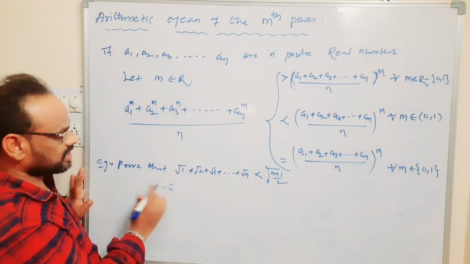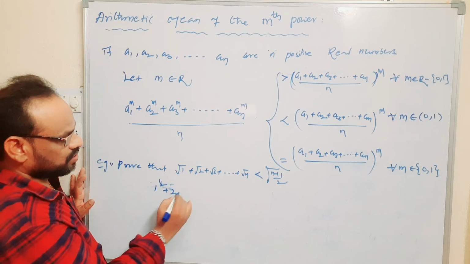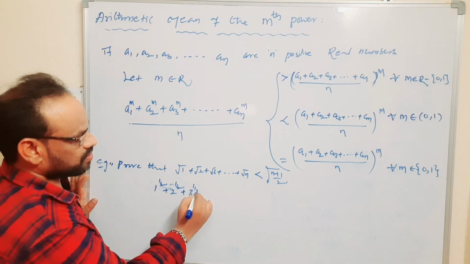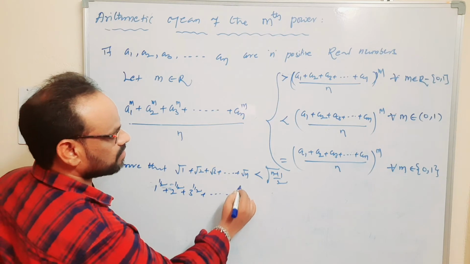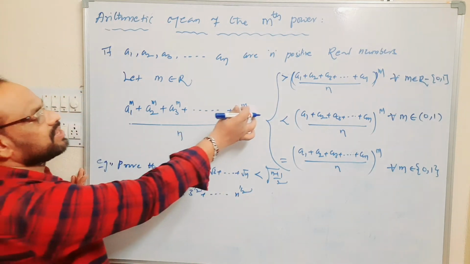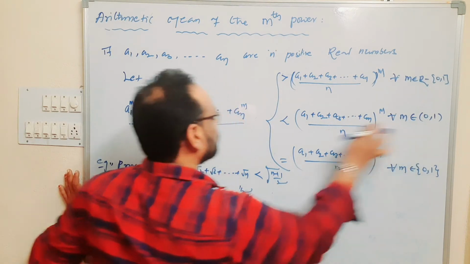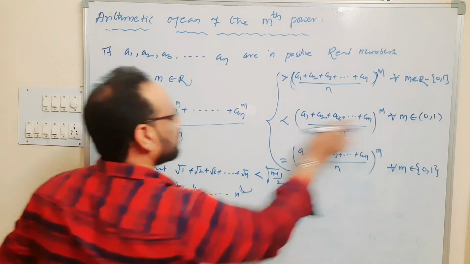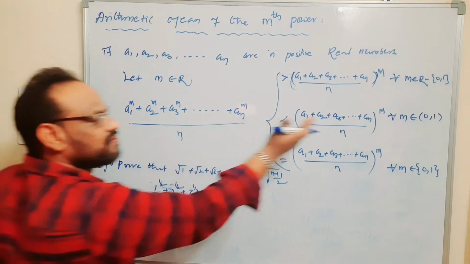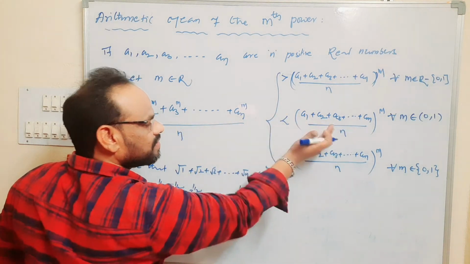Square root of 1 is nothing but 1 power 1 by 2, plus 2 power 1 by 2 plus 3 power 1 by 2 plus and so on, n power 1 by 2. Here the m value lies between 0 and 1, so this value is always less than this value.